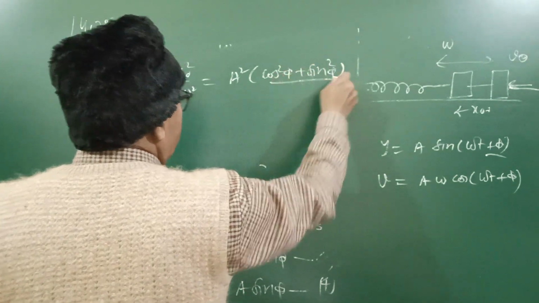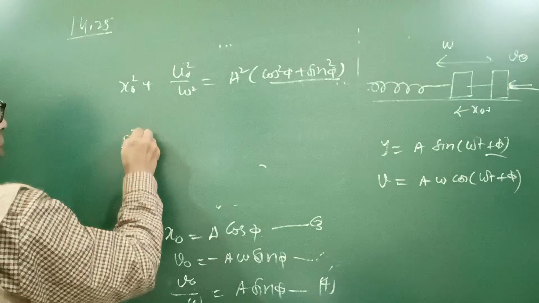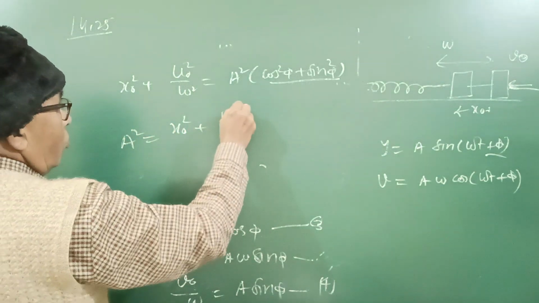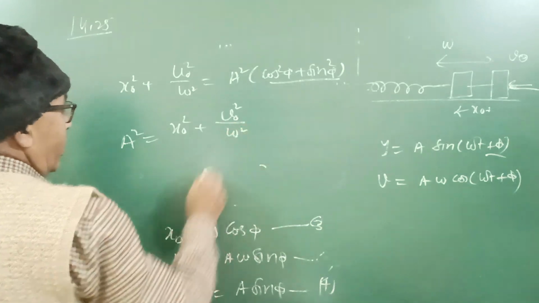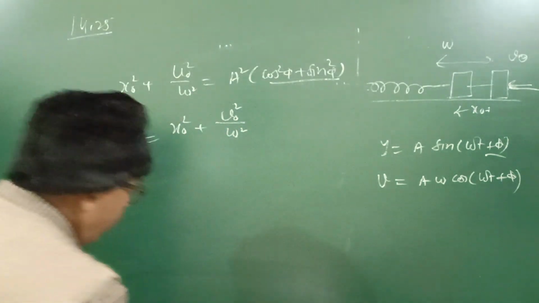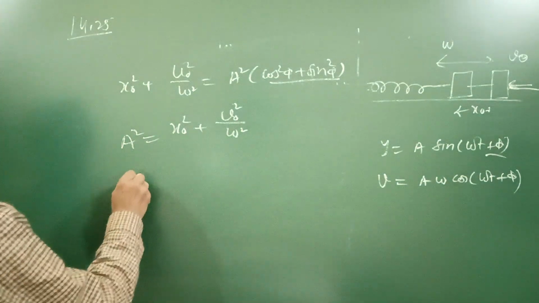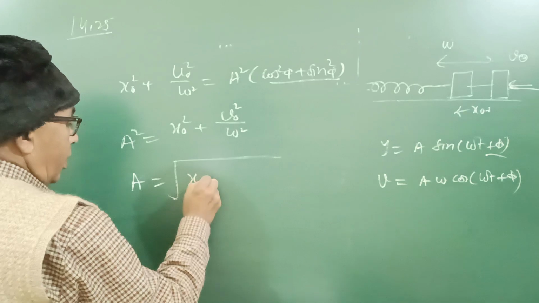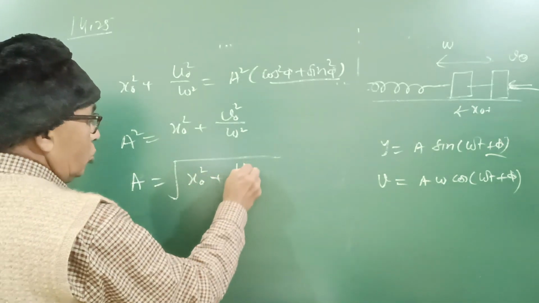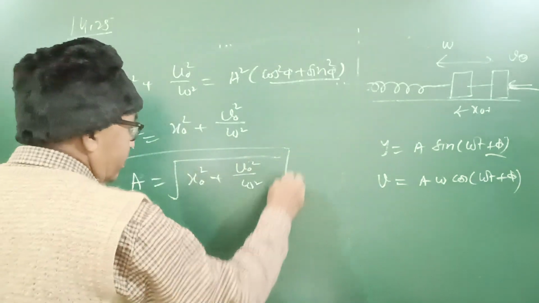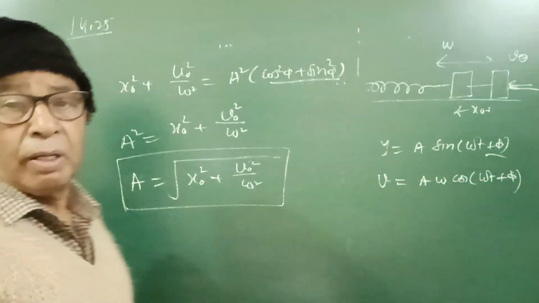You know this is 1. So a square equal to x0 square plus v0 square upon omega square, or a equal to under root of x0 square plus v0 square upon omega square.